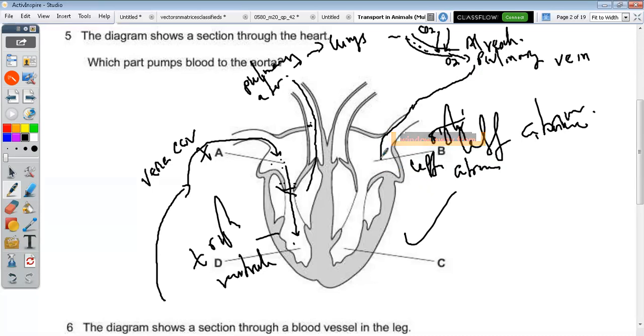The left atrium contracts, opens these valves, blood goes into the left ventricle. I hope you're listening. When it goes into the left ventricle like this, the left ventricle contracts, closes this valve, opens this valve. Are you listening? Opens these valves, takes the oxygenated blood to the aorta.